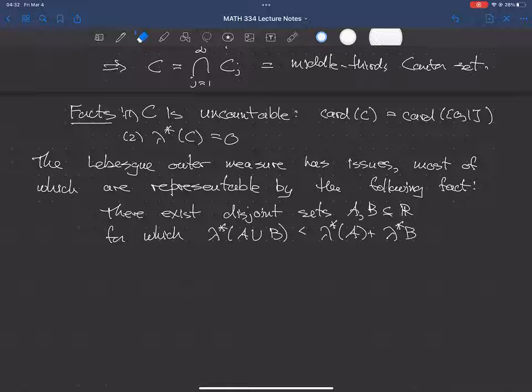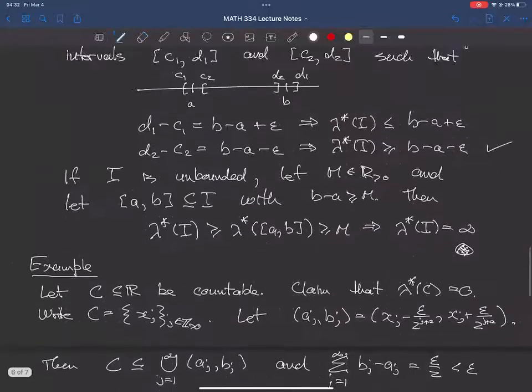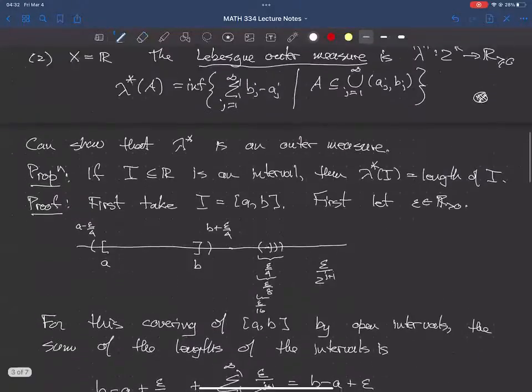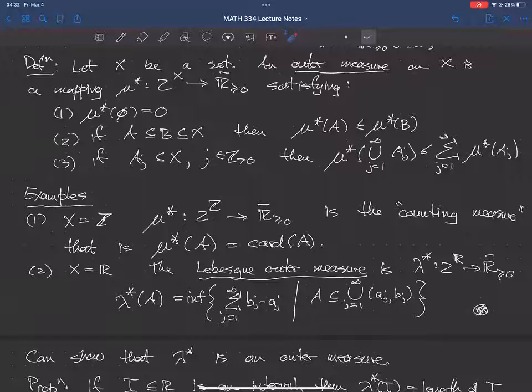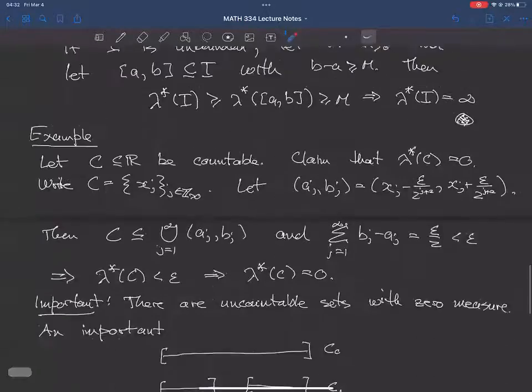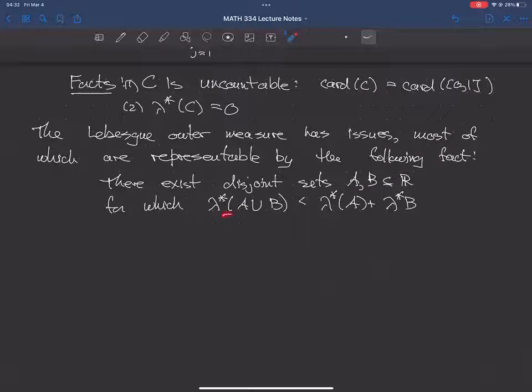Up here in the axioms for an outer measure, I had nothing about the disjointness of these sets. I just required countable subadditivity. So the question is, what if these sets are disjoint, so A_J intersect A_K is empty for every J and K? Do you get equality here? Well, the existence of a subset with this property says no, you don't get equality there.